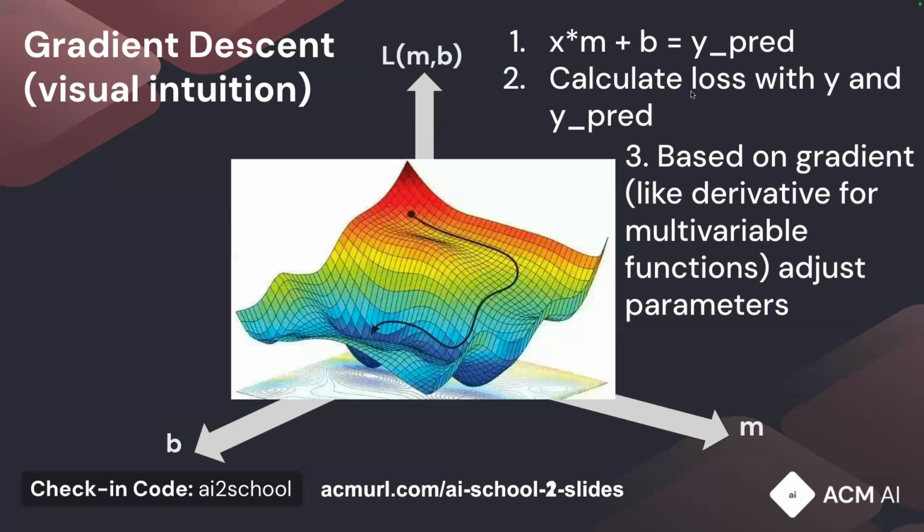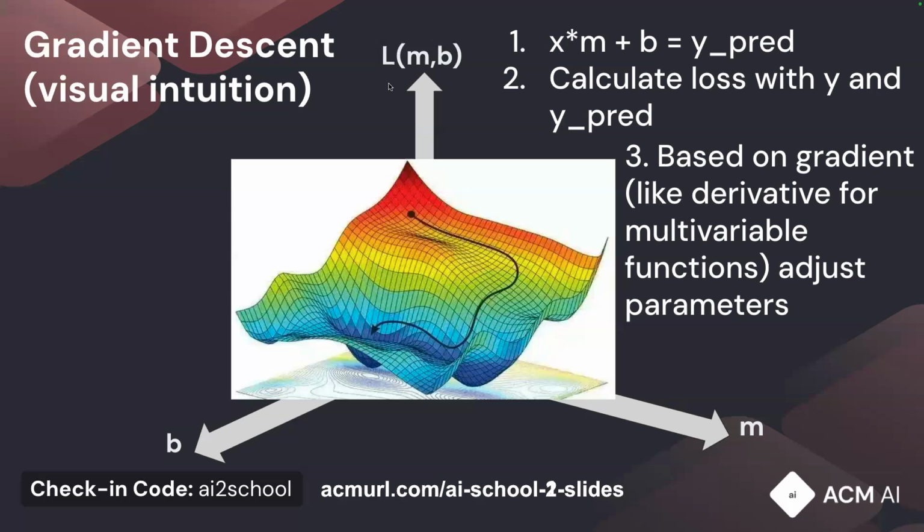Because we have two parameters in this equation, it's kind of 3D. And the y-axis here is the output of our loss function. Because our goal is to minimize the value of the loss function, so minimize the error, we want to reach that blue region. So we want to discover what parameters of m and b would give us the blue output of function L.